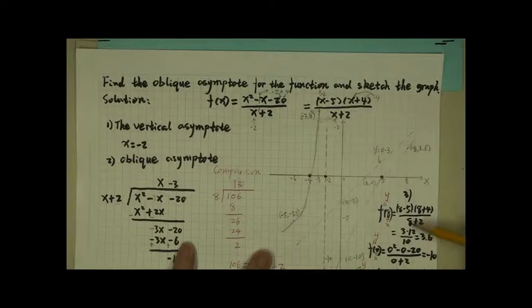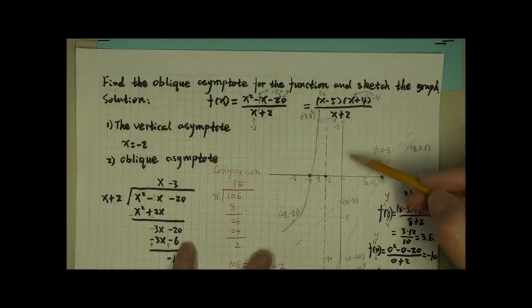The denominator is 10. 8 minus 5 is 3. 8 plus 4 is 12. 3 times 12 is 36. Divided by 10, 3.6. So when x is 8, y is 3.6. So 8 is right here for x, y 3.6.